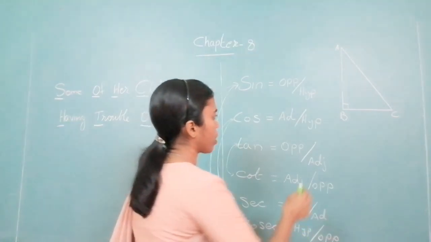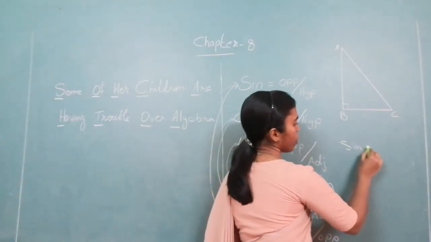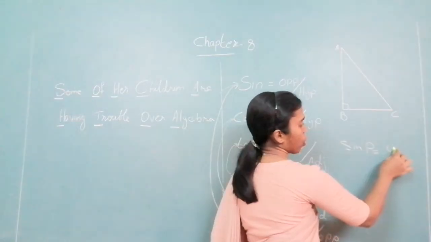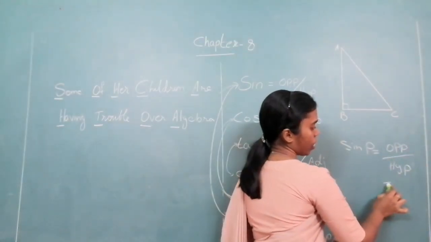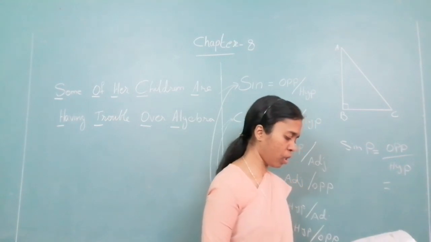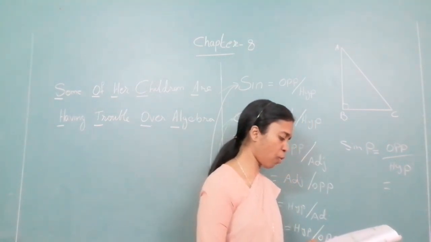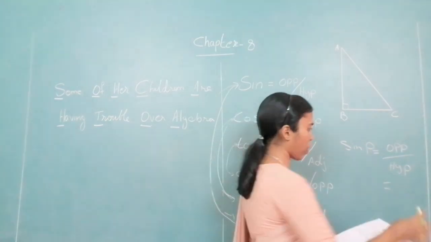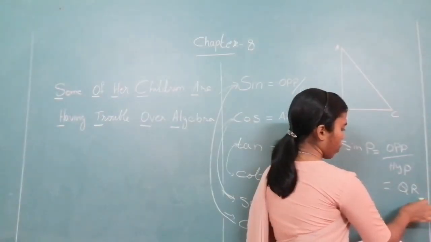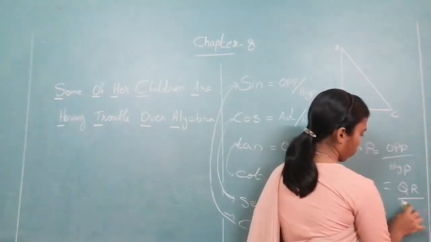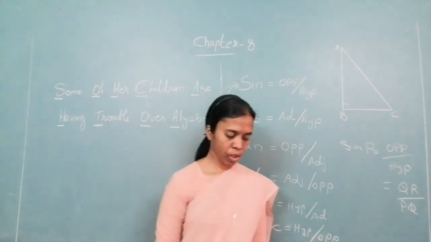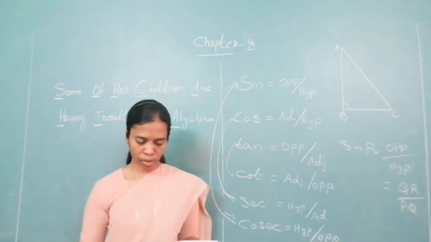Sine P is equal to opposite upon hypotenuse. Then you look at the diagram and check which is the opposite of P. You have QR over there, upon which is the hypotenuse, PQ. So this is the answer. Similarly you can write the remaining ones.